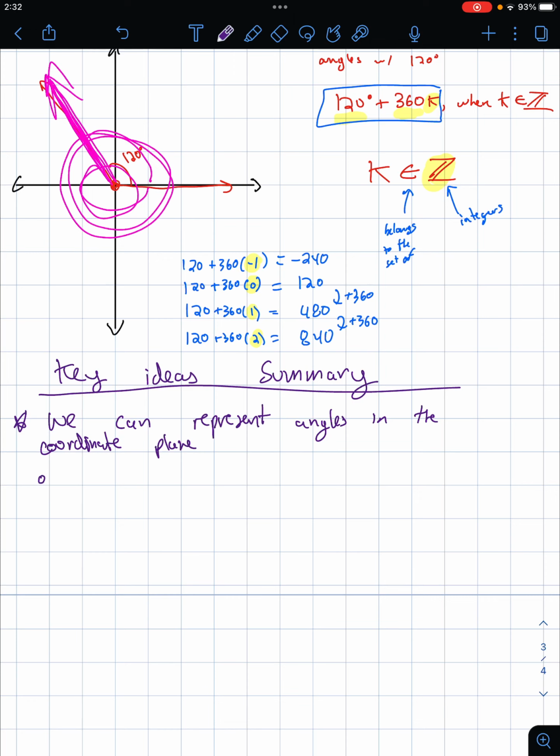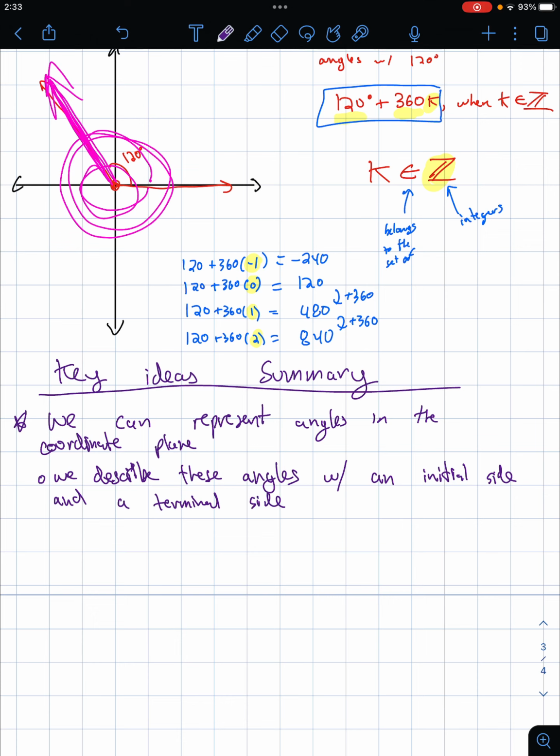We describe these angles with an initial side and a terminal side.